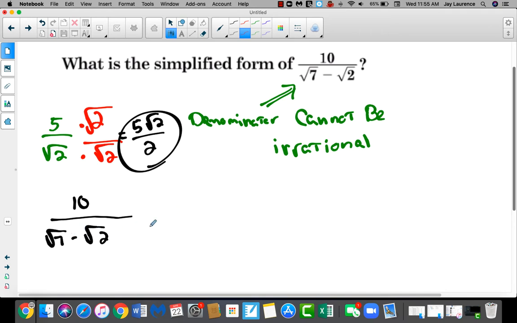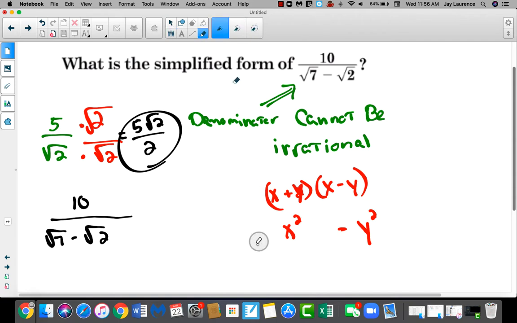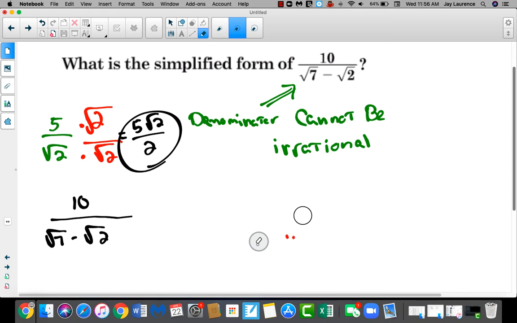So I'm going to use the idea that if I do x plus y times x minus y, I'm going to get a squared number here, a squared number over here, and then my middle terms are going to cancel out, leaving me with just a squared number minus a squared number. So when I do that on this, what am I going to multiply by? It's such a simple thing to do.